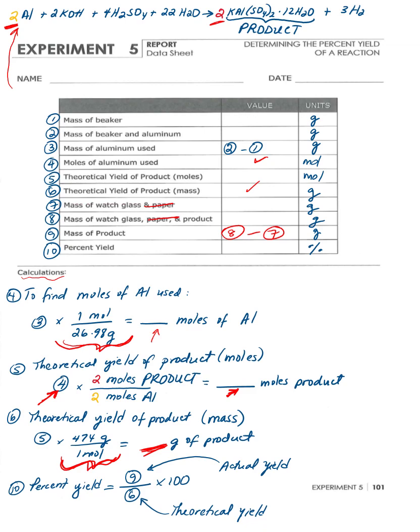So your mass of product, which is your number 9, we're looking at here number 10 to find out the percent yield. The mass of your product, what you have in number 9, divided by the number that you calculated in number 6, which is your theoretical yield in grams. You divide those two, your actual divided by the theoretical, times 100. That will give you the percent yield for the experiment.